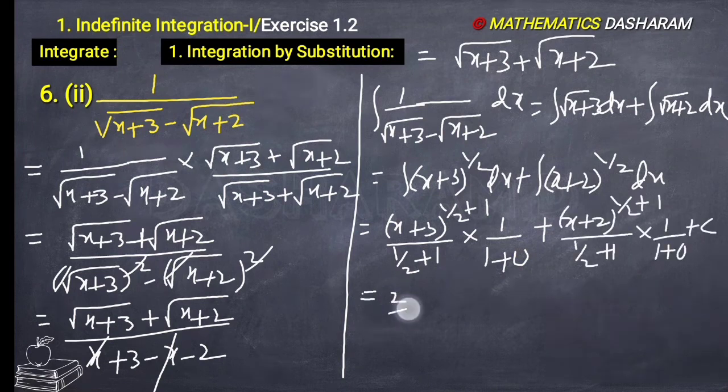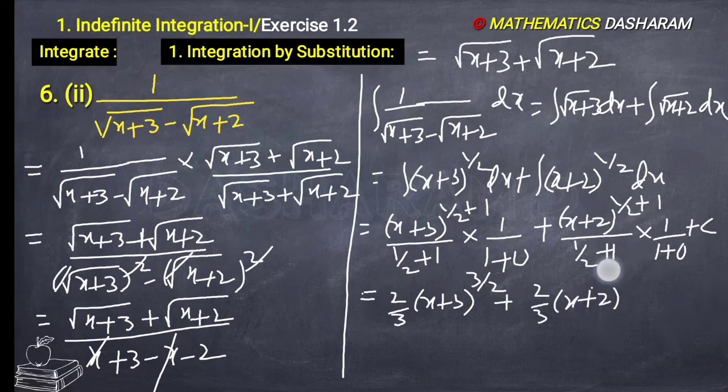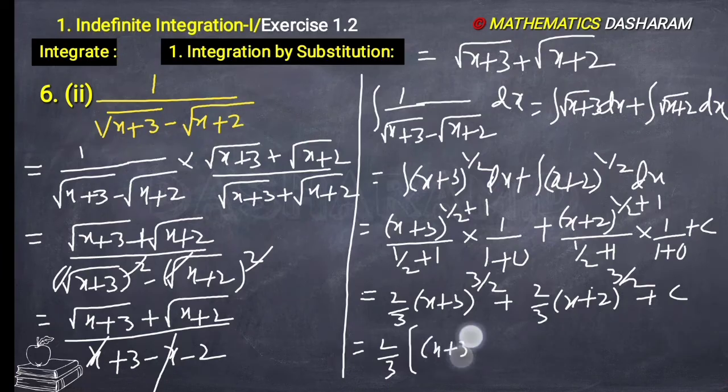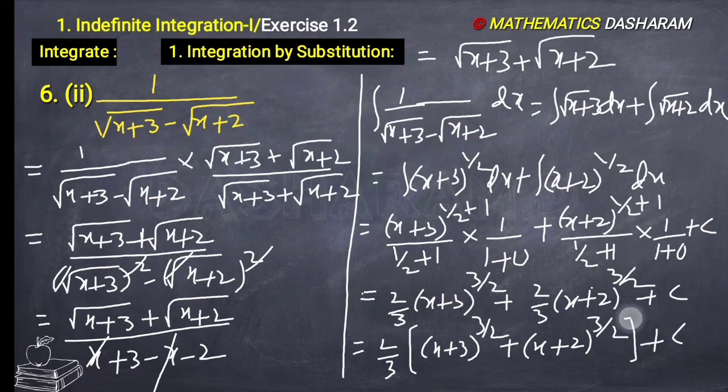So it is equal to 2 by 3 into (x plus 3) whole power 3 by 2 plus 2 by 3 into (x plus 2) whole power 3 by 2 plus c. Now take the 2 by 3 common: (x plus 3) whole power 3 by 2 plus (x plus 2) whole power 3 by 2 plus c is our required answer.